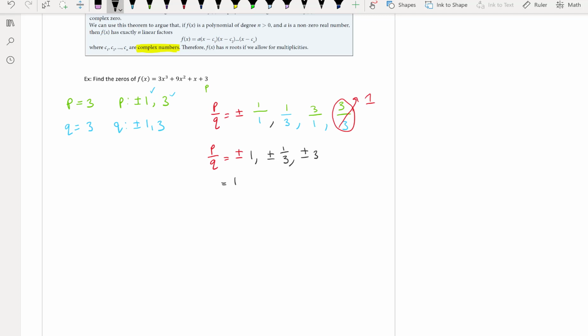Because this is 1, negative 1, 1/3, negative 1/3, 3, and negative 3. So these are going to be our different possibilities. So we have 6 total possible rational zeros.